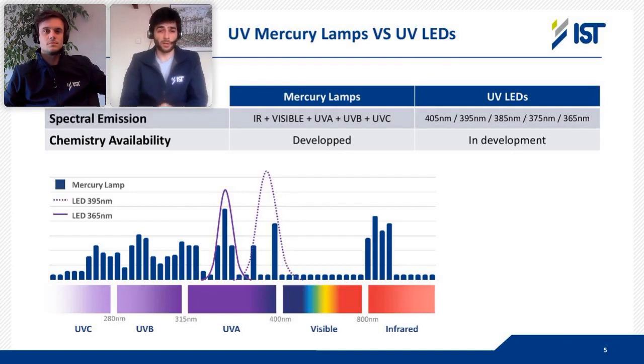This bandwidth is around 50 nanometer wide. The first consequence is that the chemistry should fit this UV source, and so sometimes it's not possible to get the good photoinitiator which will fit the UV LED spectrum. Thus, some varnishes notably are not available for UV LED.